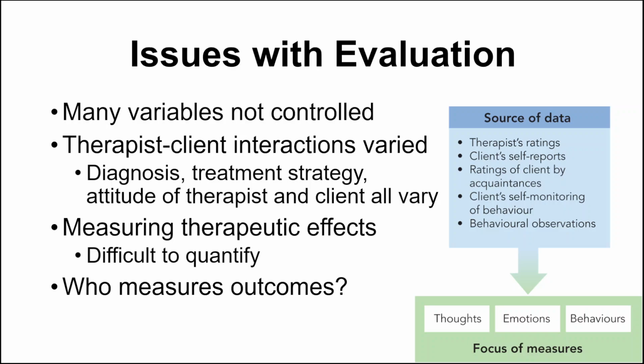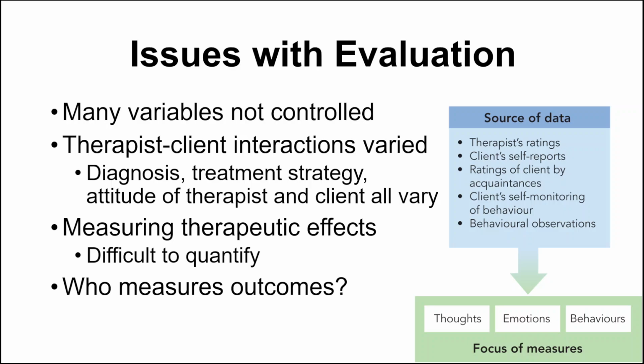Are all the clients going to be open to that specific strategy? Are all of their symptoms the same? Because even if you qualify for a diagnosis of, say, major depressive disorder, not everyone is going to have the exact same symptoms. They can vary in terms of severity, in terms of having some symptoms but not others. So there's all sorts of moving parts here.